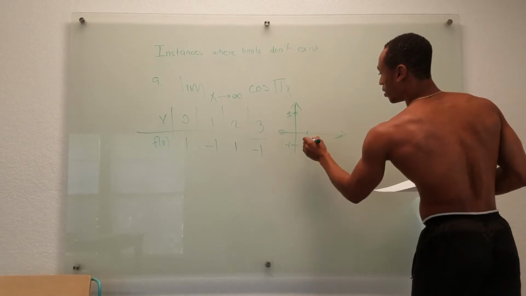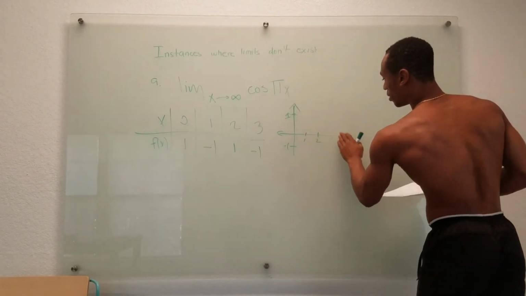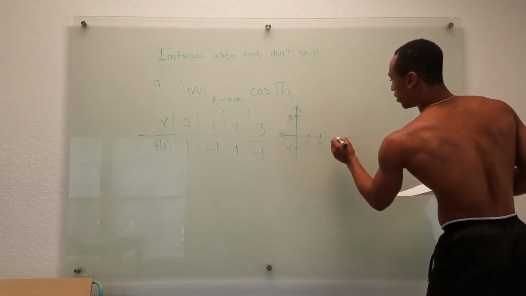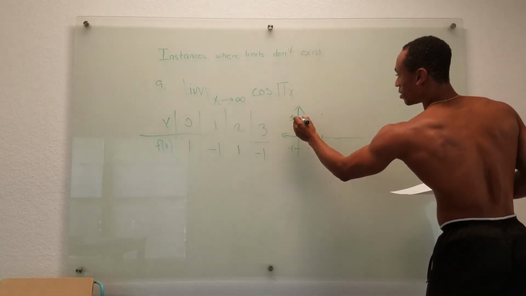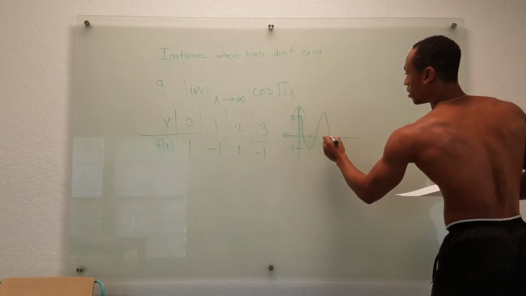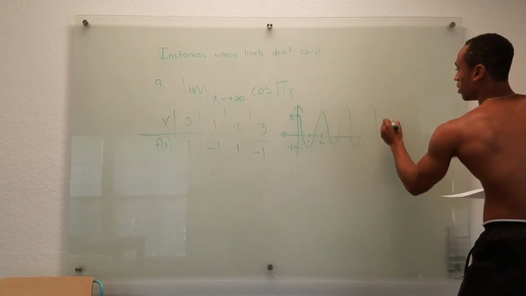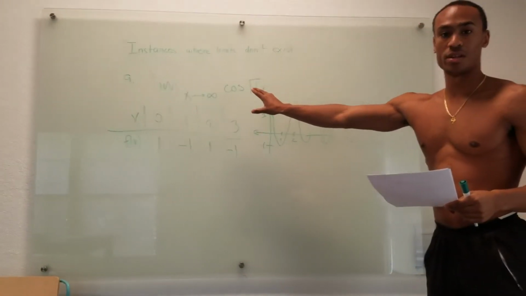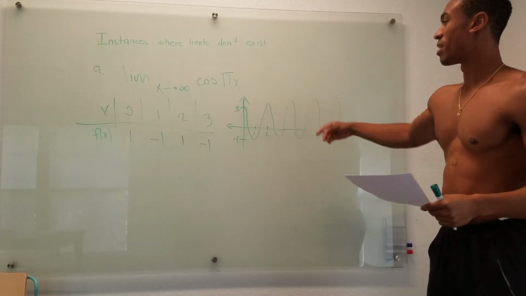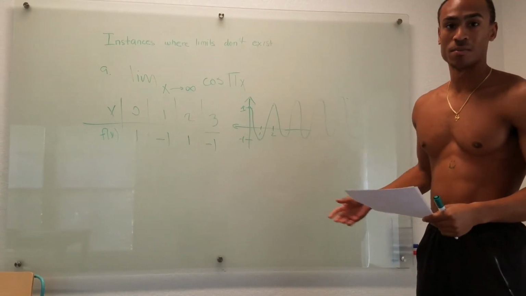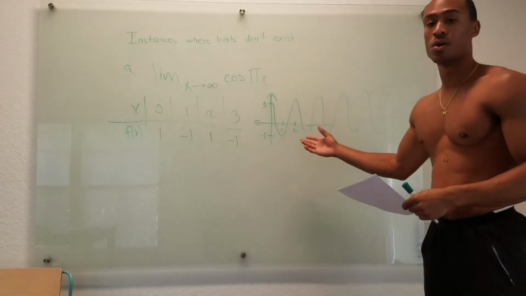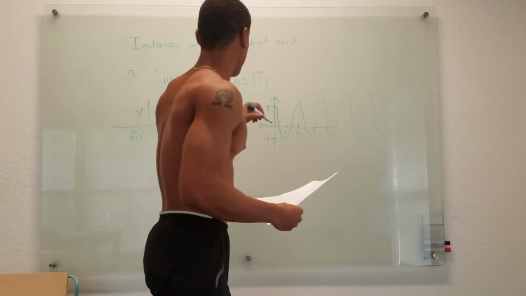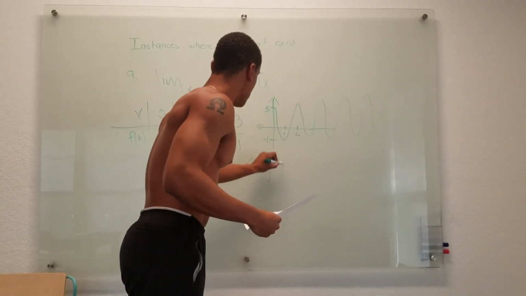At 1, it's negative 1. At 2, it's 1. Your graph is going to keep going like this. As you approach infinity, your graph is going to jump back and forth, which means the limit doesn't exist. This is what you call oscillating behavior. So again, this limit does not exist.